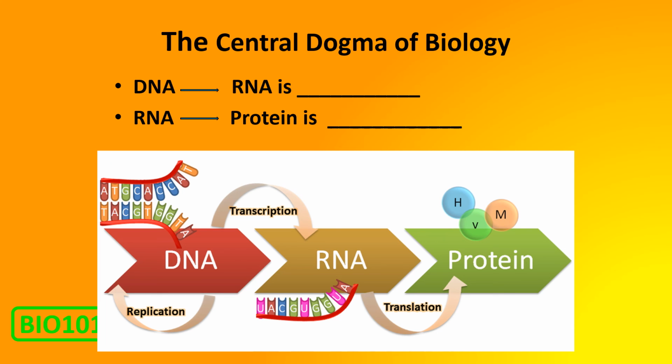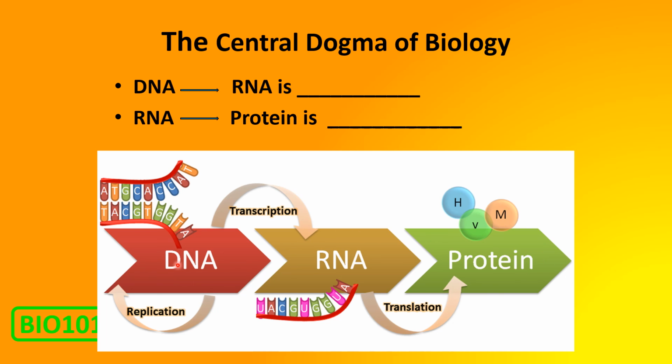I end this part of Chapter 3 with this. This is one of the central themes of biology. We call it the central dogma. So what this little illustration shows you, and this is something that we are going to go back to when we get to cell division, is that, first of all, notice all the arrows are pointing to the right here.